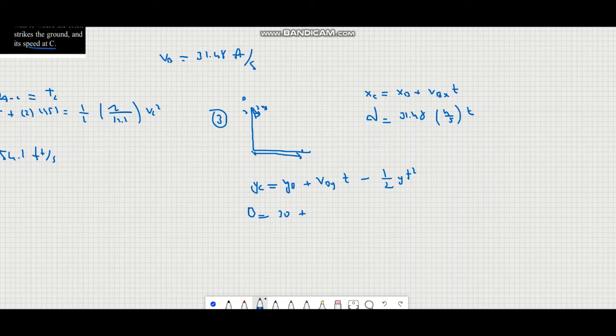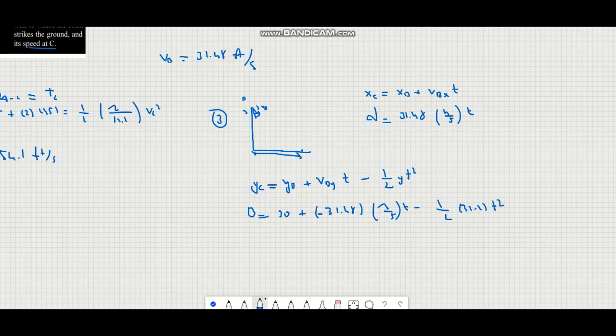In the minus direction, downward, so it's going to be 31.48 times 3/5 t. Then it's going to be minus 1/2 g, which is 32.2, t square.